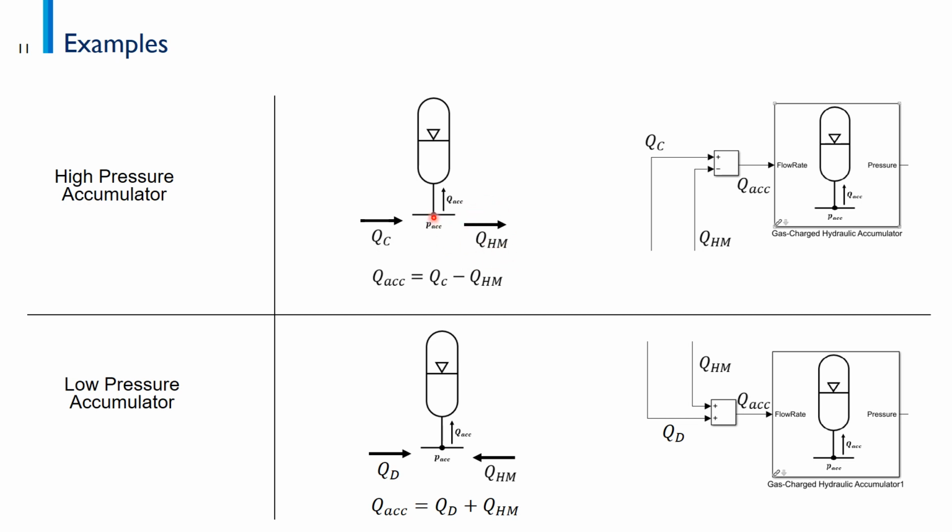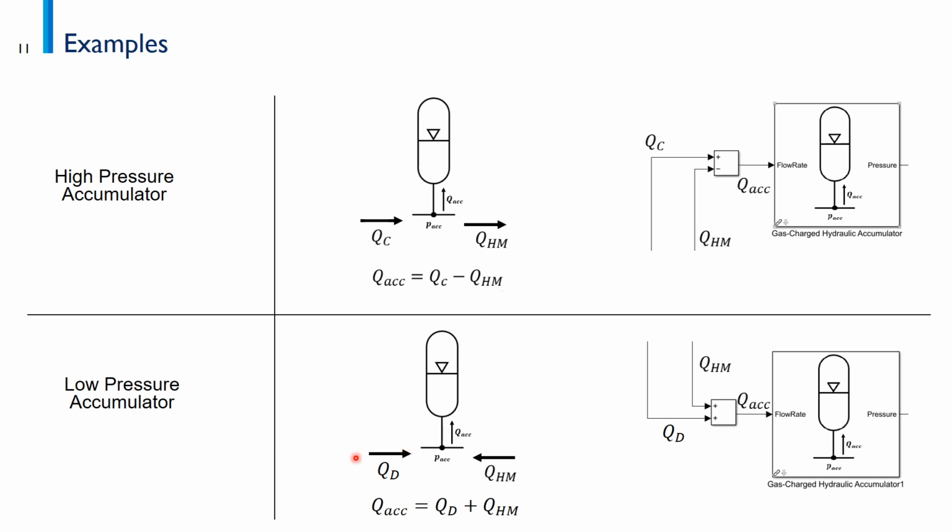So based on the conservation of mass in this node, I can define this equation here for the flow in the accumulator, and then I need to add one block here to calculate that flow in the accumulator based on this equation, and this equation is based on my specific application and the specific configuration of my hydraulic system.